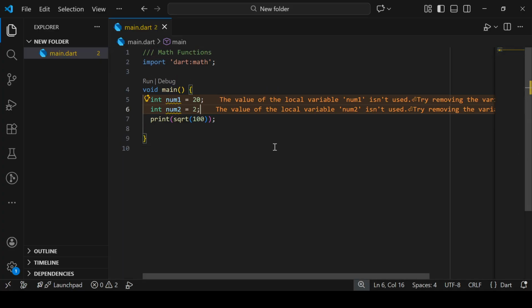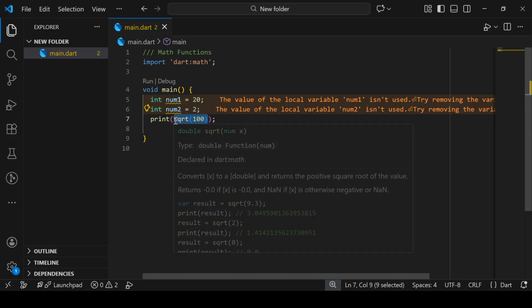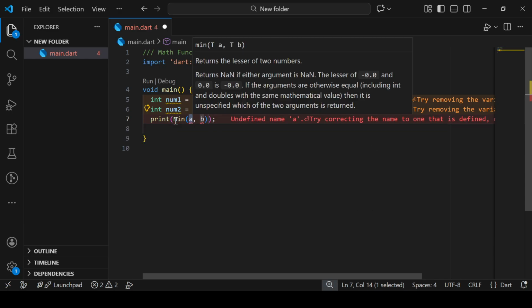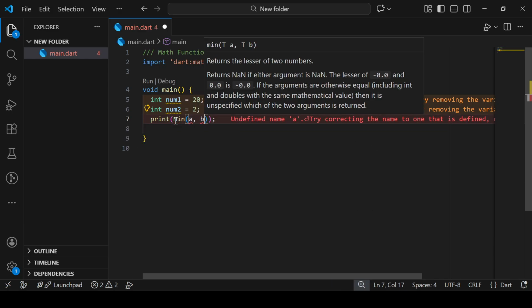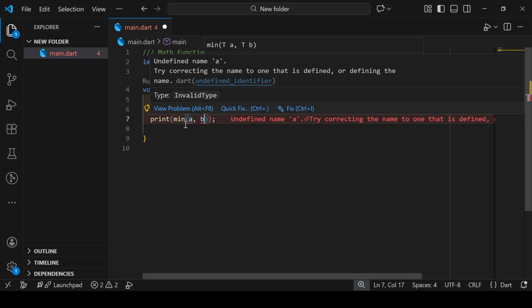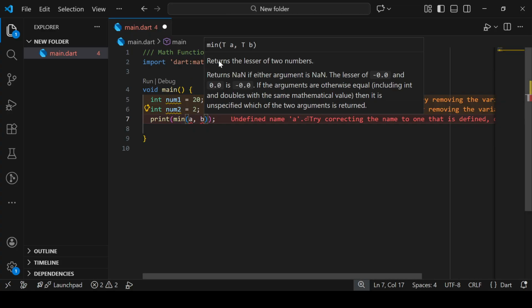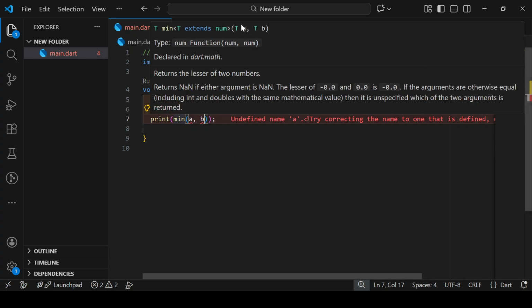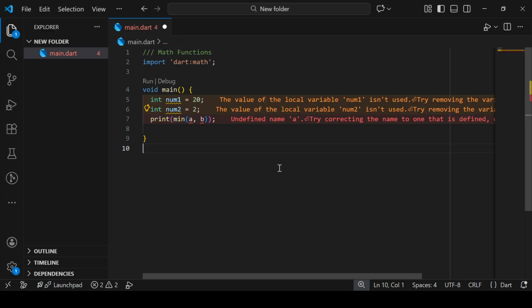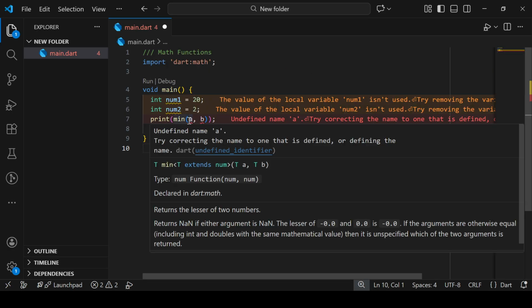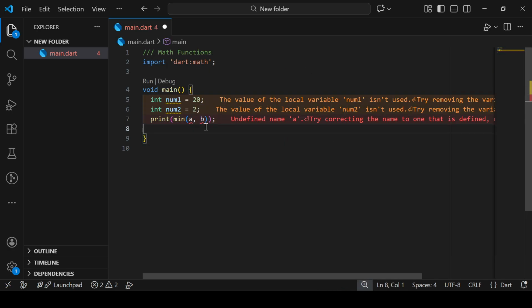Now I want to talk about the minimum number, how we find the minimum between two numbers. I write min here. This min function takes two parameters.